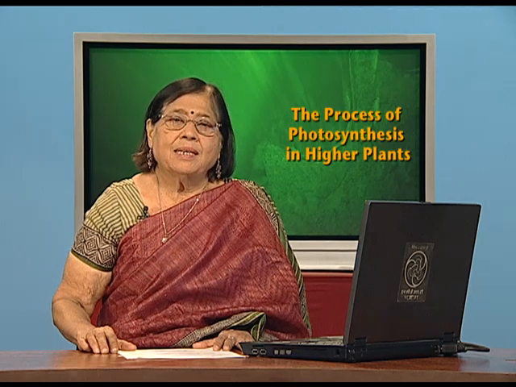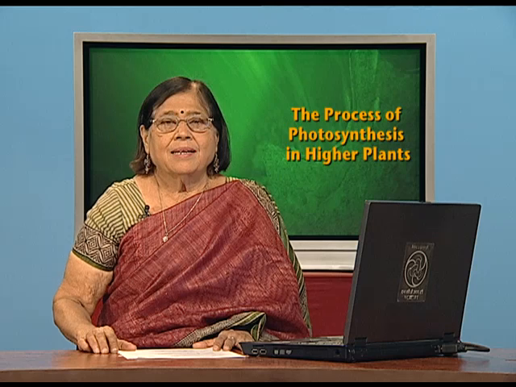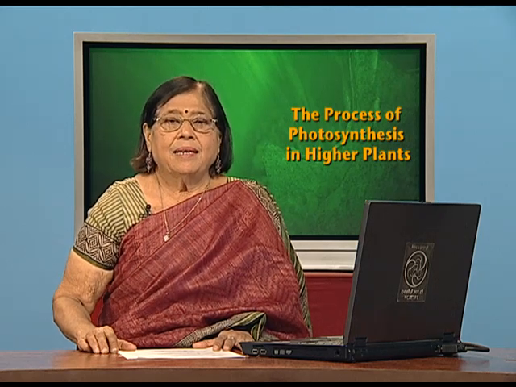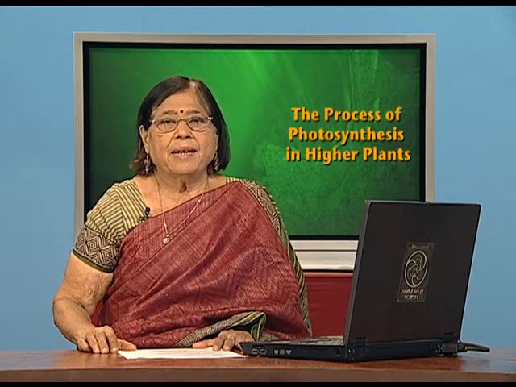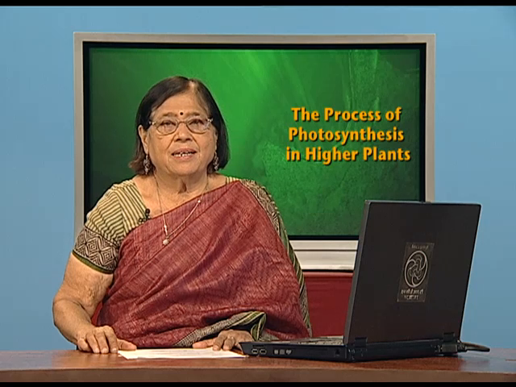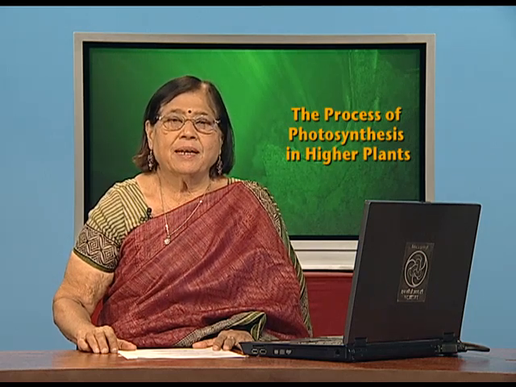Light absorption has so many facets. First thing, sunlight should be there, the ray of incidence should be correct, the exposure of the plant or tree to the sunlight should be enough, and the position of leaves should be correct.